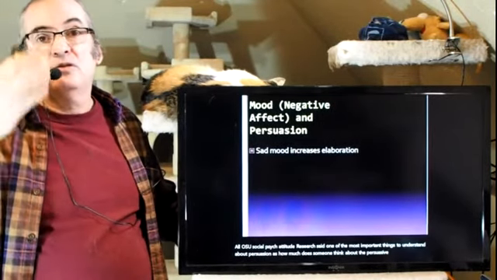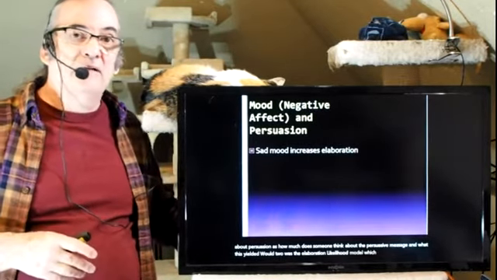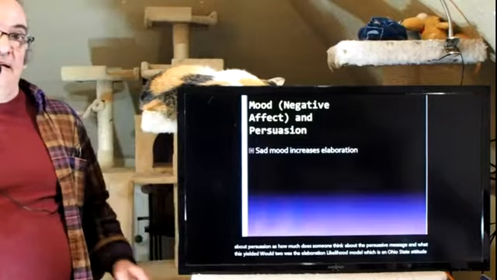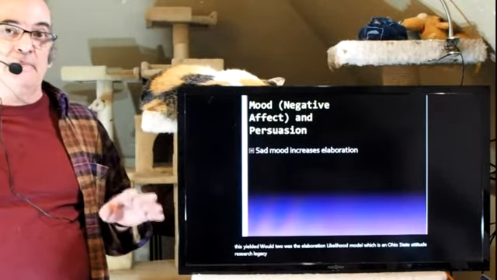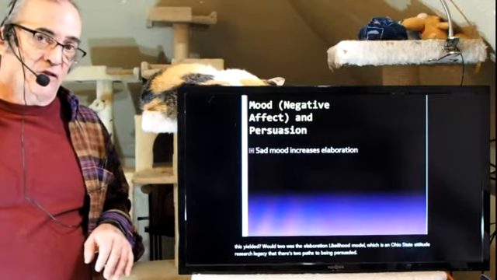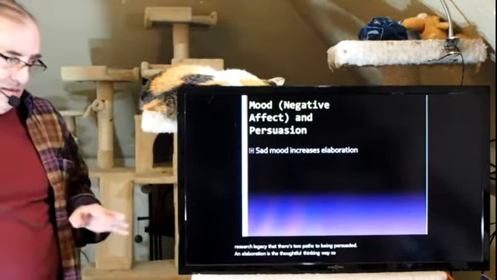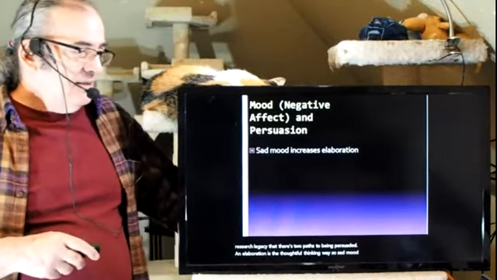And what this led to was the elaboration likelihood model, which is an Ohio State attitude research legacy, that there's two paths to being persuaded. And elaboration is the thoughtful thinking way, right? So a sad mood increases elaboration.